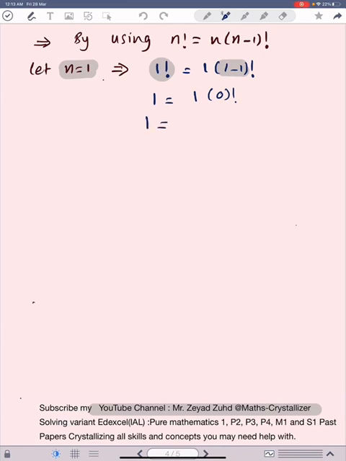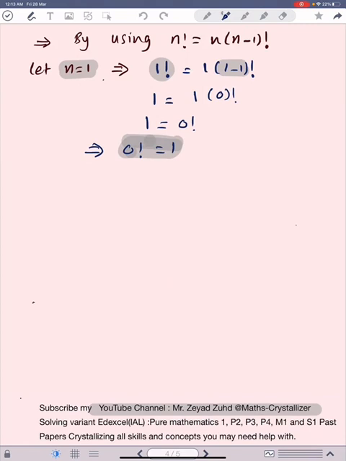So 1 on the left side, and on the right-hand side, 1 times 0 factorial. This gives that 0 factorial is equal to 1.